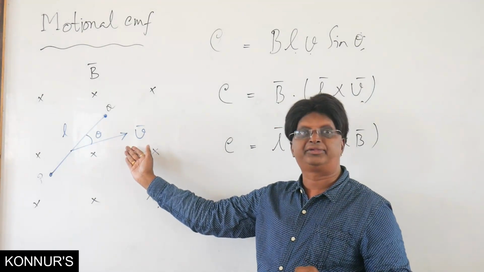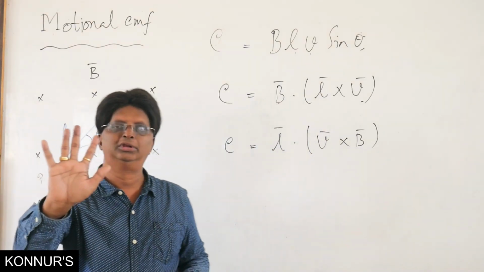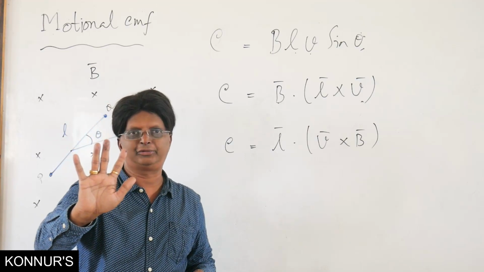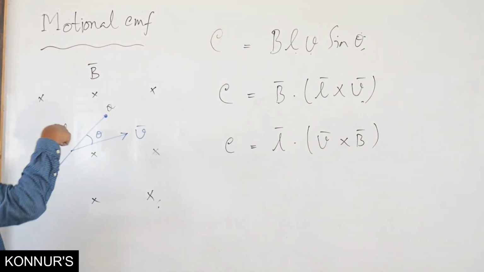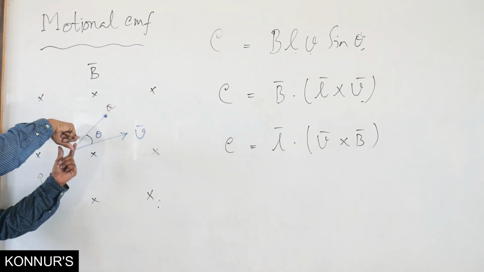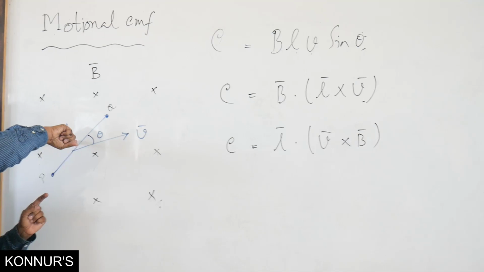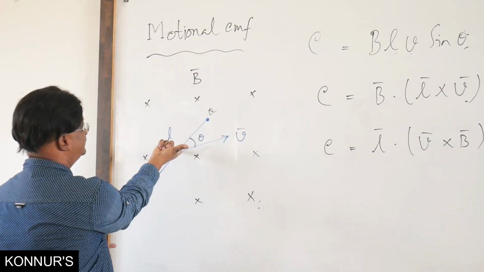So that is how we have to make use of it. Suppose I show you in the same example, what will be the direction of induced EMF? Right hand rule, not left hand rule. Again, index finger is the direction of magnetic field. And suppose it is moved in this direction, from your left to right, then I have to use my thumb.